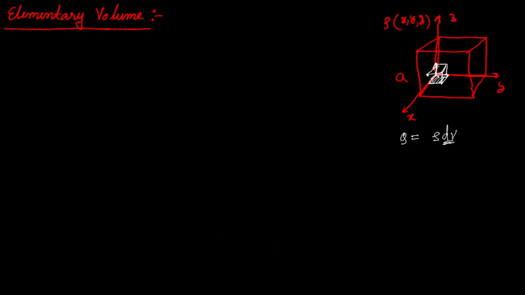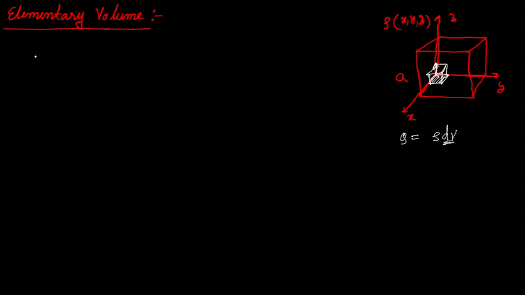This is the smallest possible volume in the rectangular coordinate system. If we place these small volumes side by side and up and down, eventually we get the large volume. So this portion is called the elementary volume.